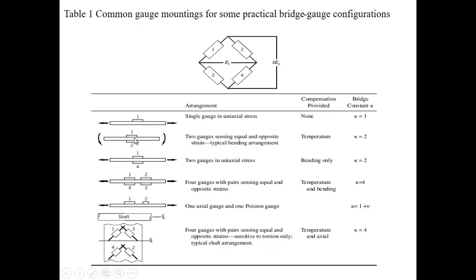For example, you can see if they have a single gauge, one here, or two gauges, an upper one and a bottom one, you can see the difference and the different purposes of the gauge arrangement in order to calculate the strain.